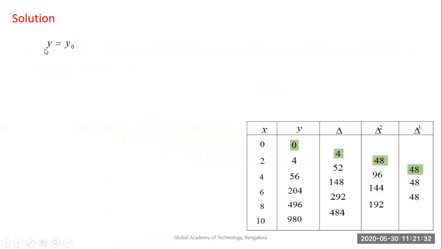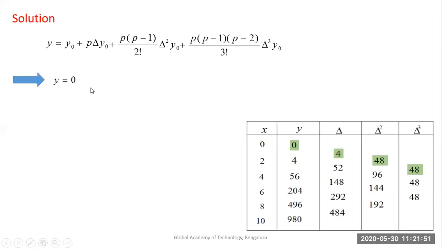Then apply the forward interpolation formula. So y is equal to y naught plus p into delta y naught, plus p into p minus 1 by 2 factorial delta square y naught, plus p into p minus 1 into p minus 2 by 3 factorial delta cube y naught. We write right up to delta cube, as we have differences only up to delta cube here. Then substitute: y naught value is 0. p is x by 2 into delta y naught, which is 4.